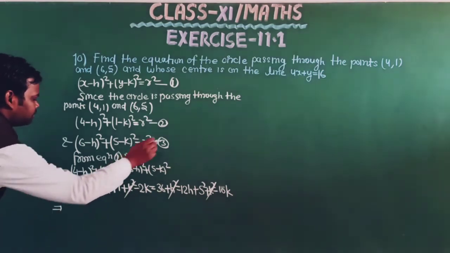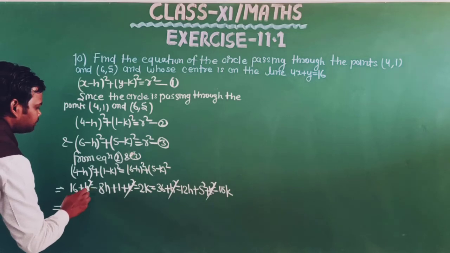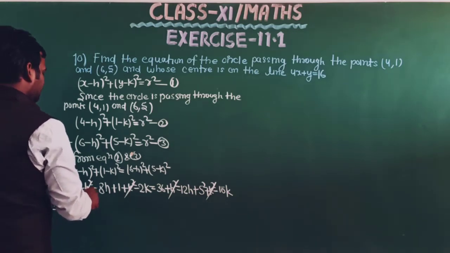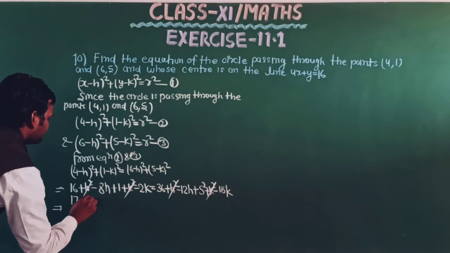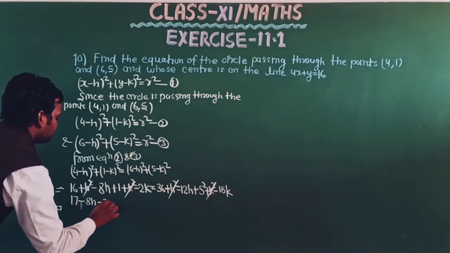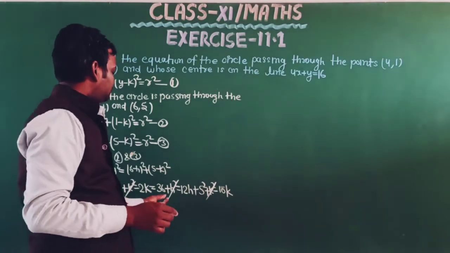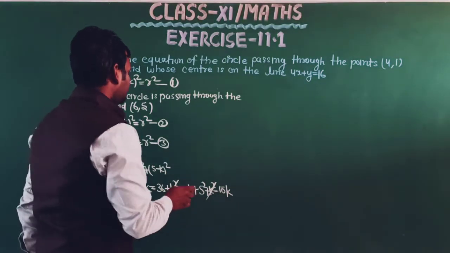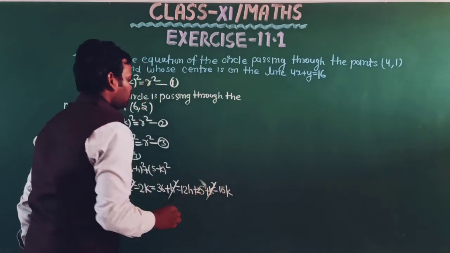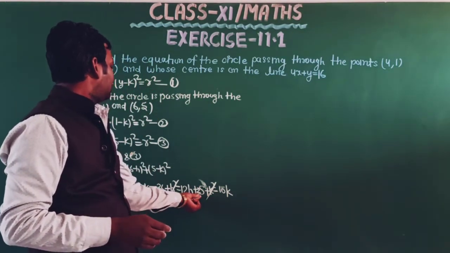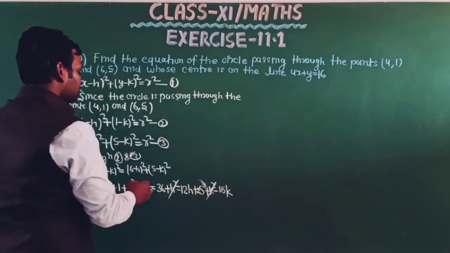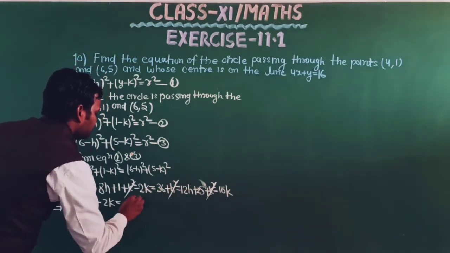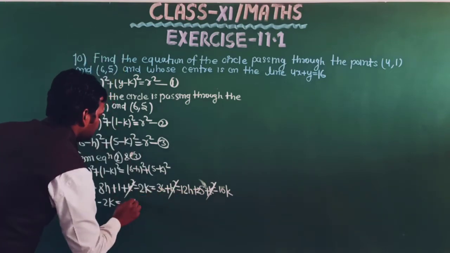So we get 16 plus 1, 17, so 17 minus 8h minus 2k equal to, on this side, 36 plus 25 minus 12h minus 10k. So 36 plus 25 will be 61.